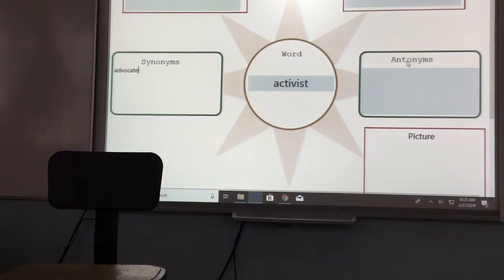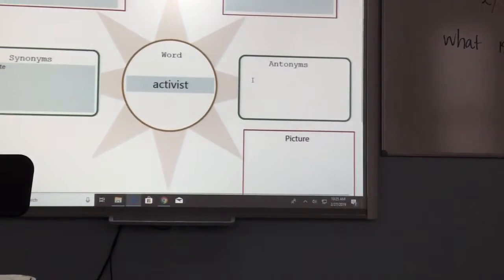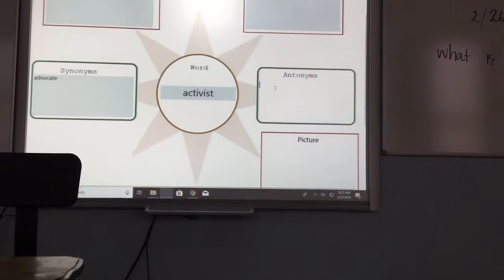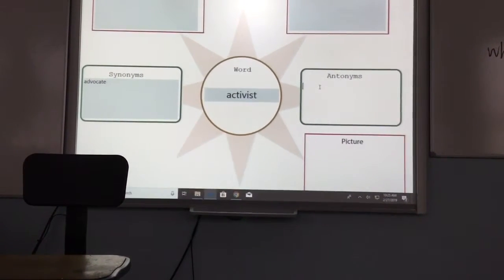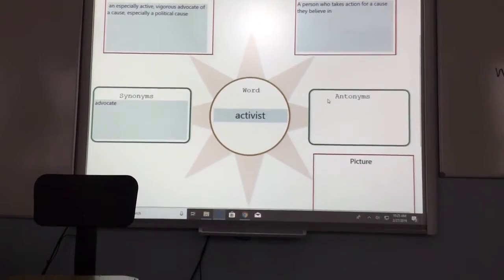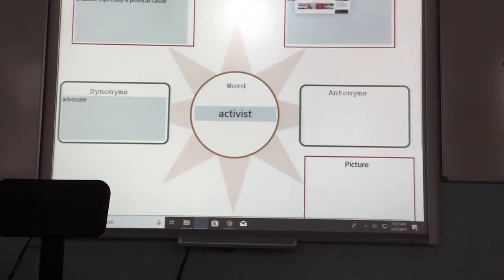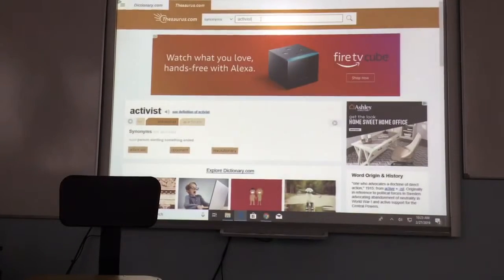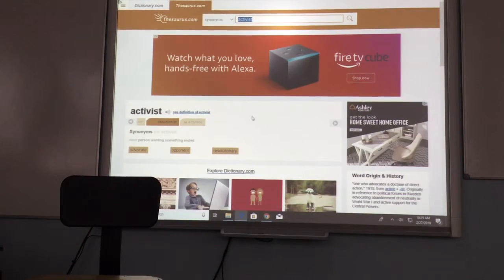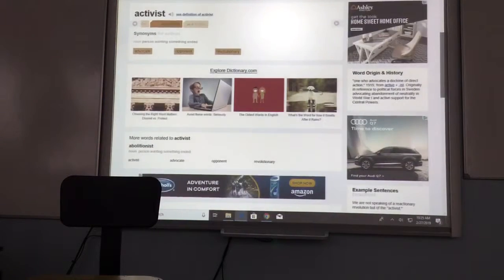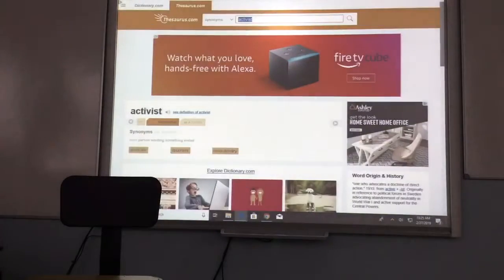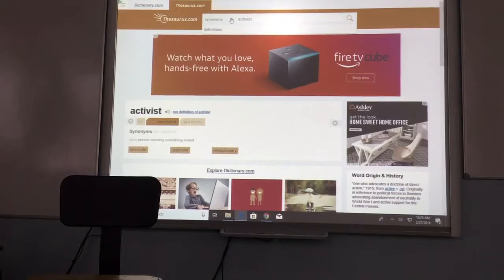Then we're going to look at antonyms. All right, so, people, what's an antonym? The opposite. And so I'm going to go back to thesaurus. Interesting, it's not letting me pick.